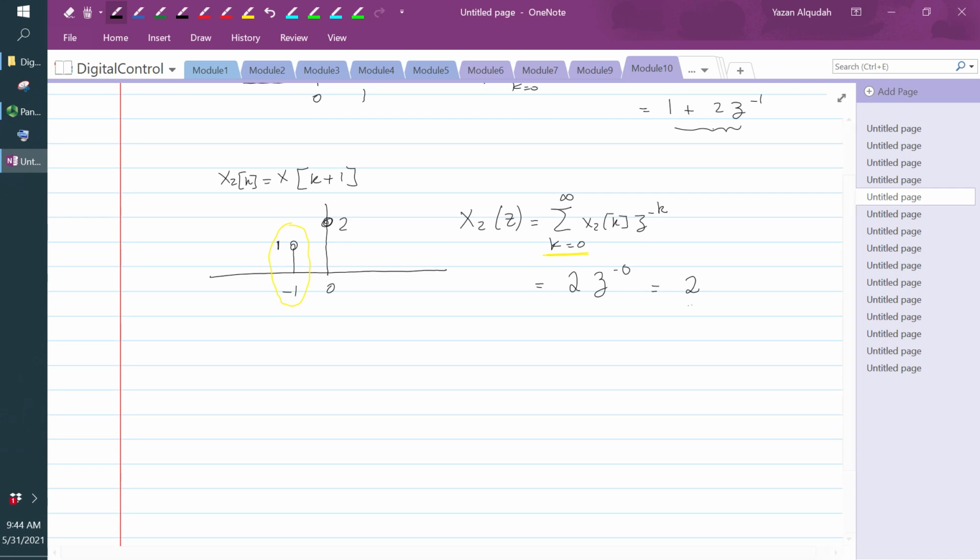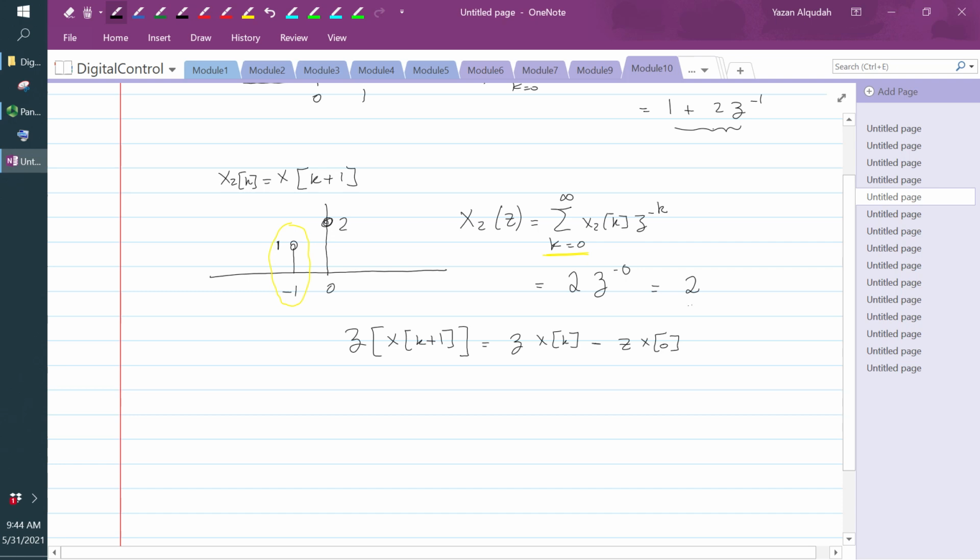What does that mean? What I'm saying is that the property is that the Z transform of x of k plus 1 is equal to z multiplied by x of z minus z multiplied by x of 0.